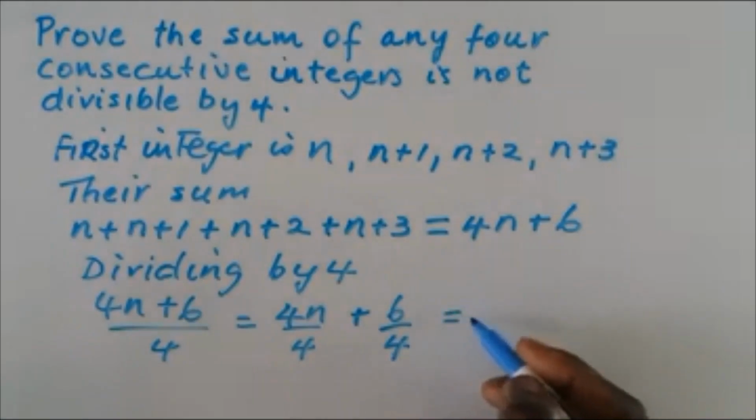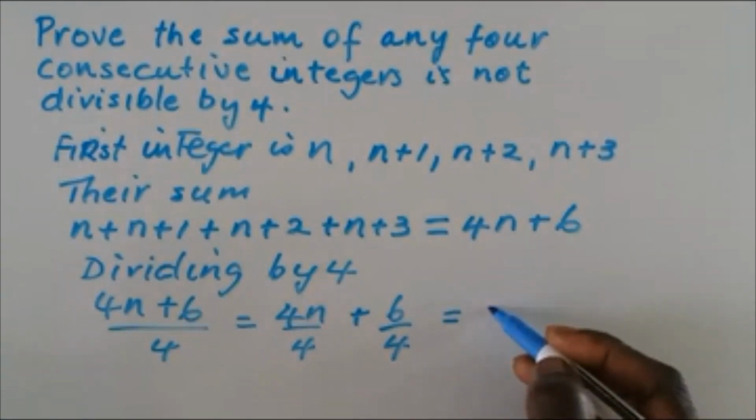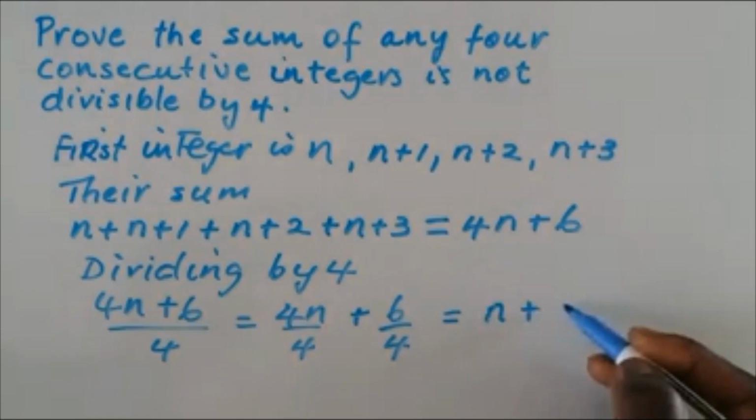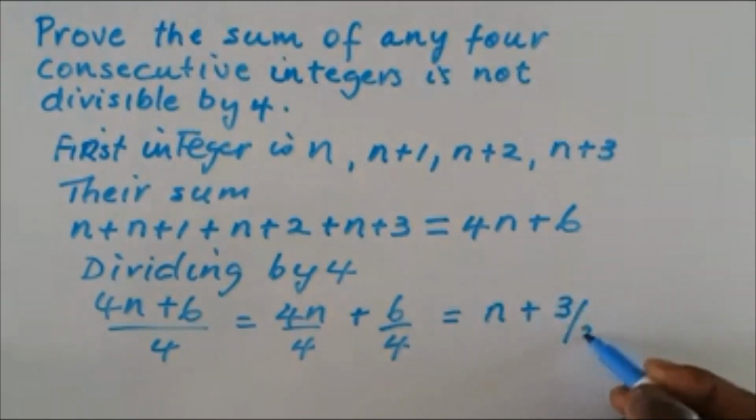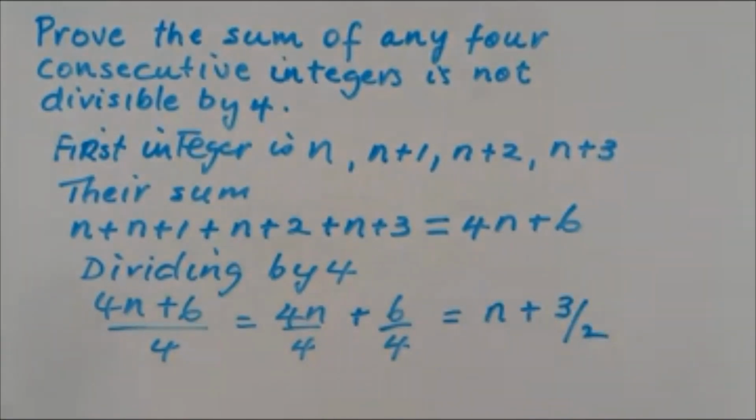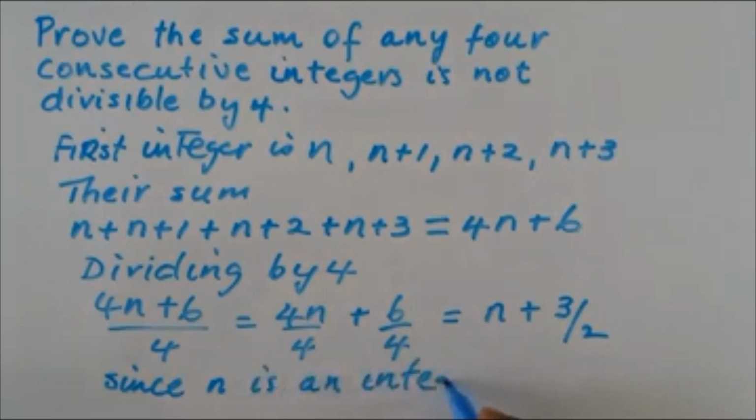Now this gives us n add 3 over 2. Now since n is an integer, n add 3 over 2 is not an integer.